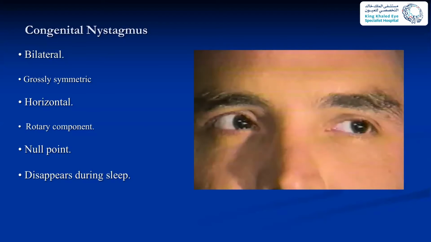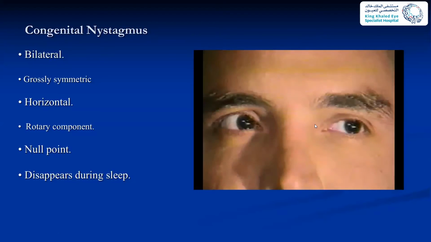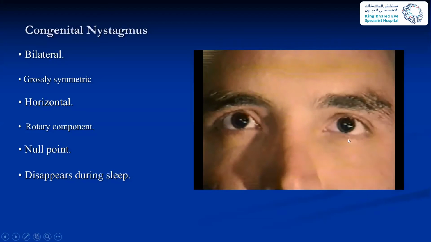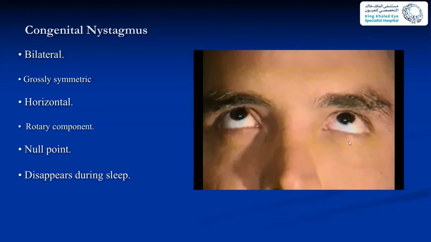Let us see now how the nystagmus looks. You see here there is pendular nystagmus while looking to the left. When he looks in the central gaze, there is pendular nystagmus. Looking up is less.